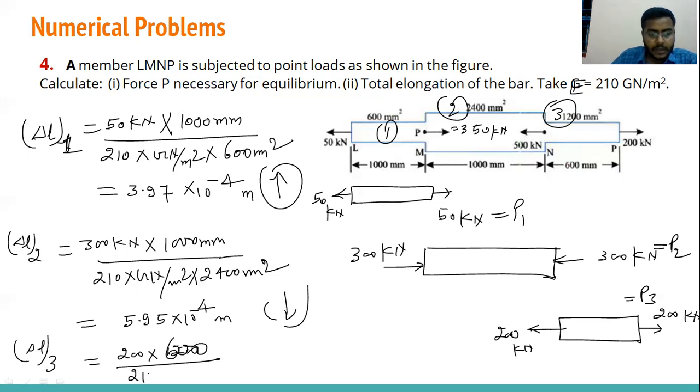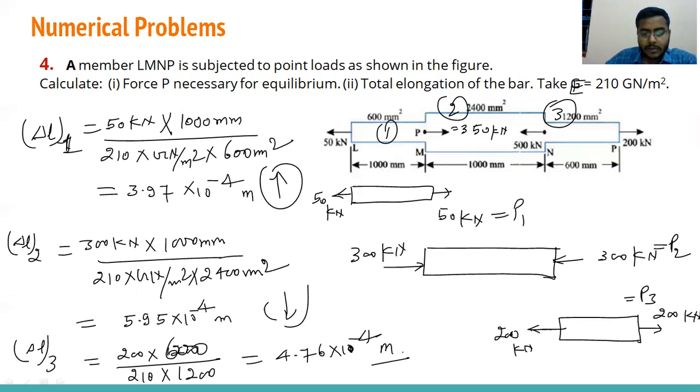Then 210 into cross section is given 1200. Just calculate this value and then you will get 4.76 10 to the power minus 4 in terms of meter, right? So this is also a pulling force, it will increase.